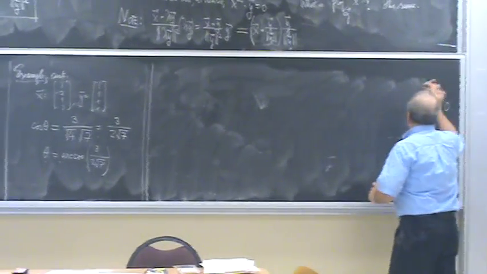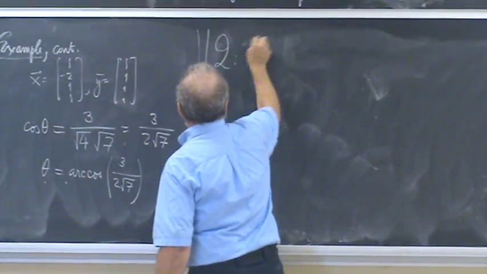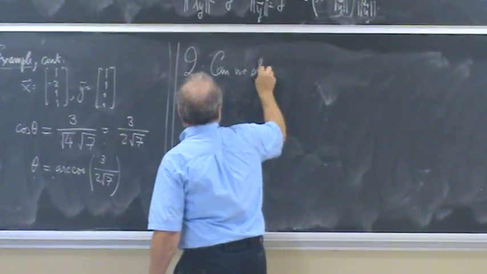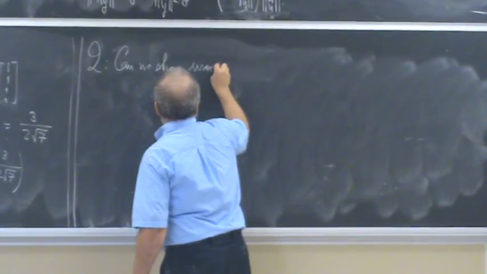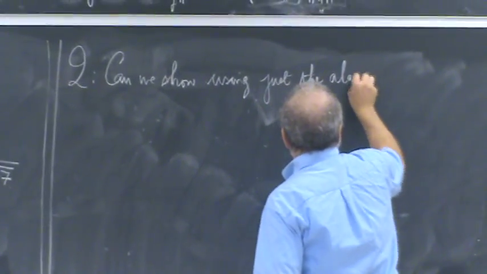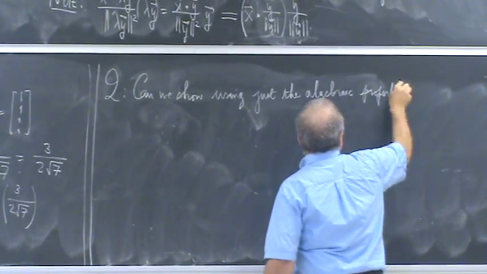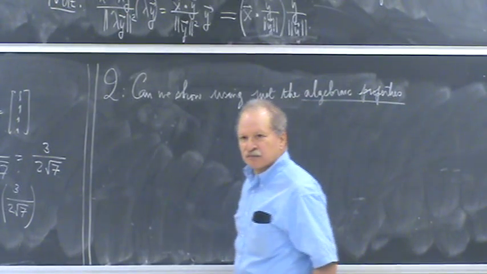So in other words, I based all this on two-dimensional pictures. The question I'm going to pose here is, can we show algebraically, using just the algebraic properties, that this definition makes sense?